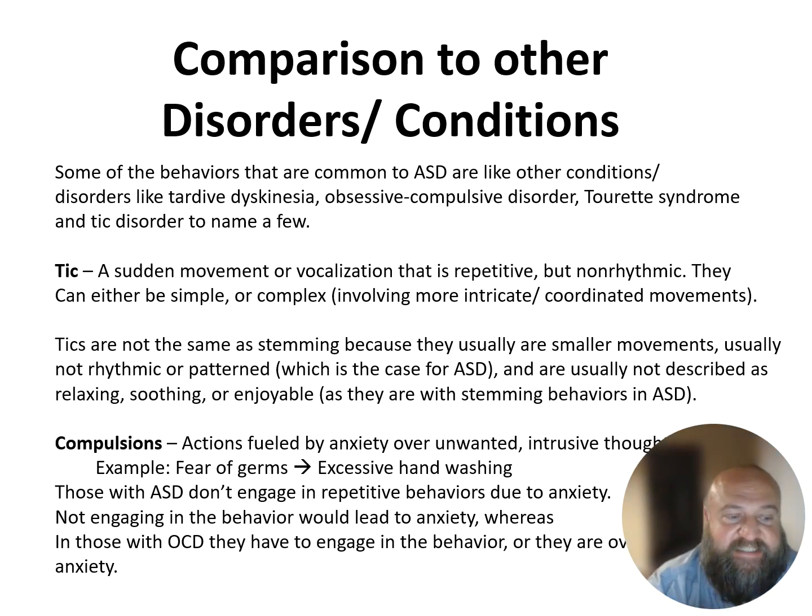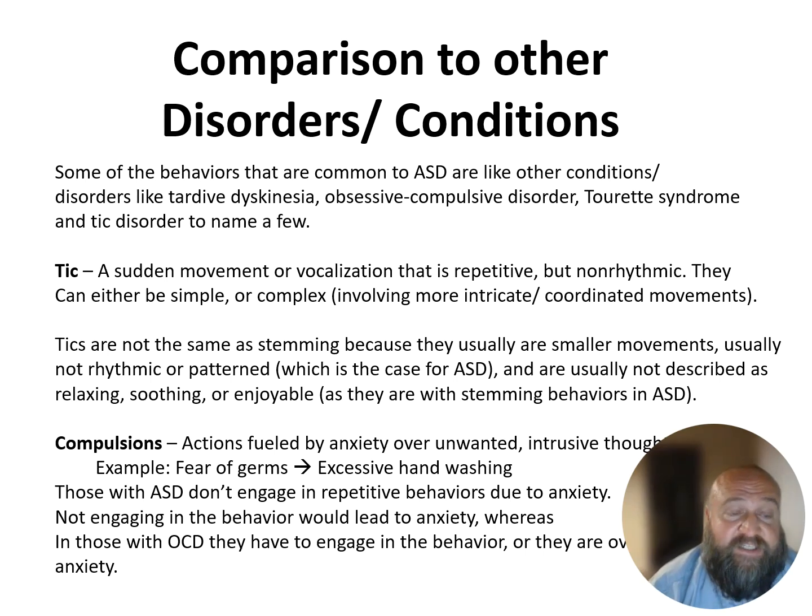So, in closing this section, I wanted to provide a little bit of clarity because when I talk about repetitive behaviors, I get a lot of students that ask, well, isn't that really this or that? Some of the behaviors that are common with ASD, like these repetitive behaviors, are also common with other types of disorders or conditions.